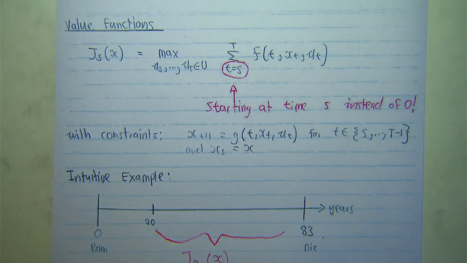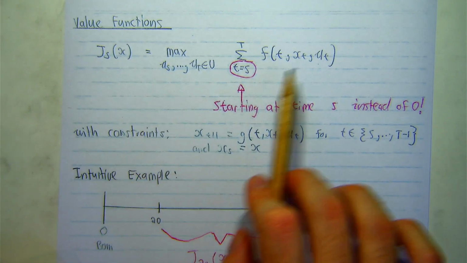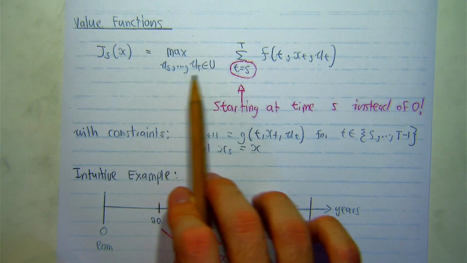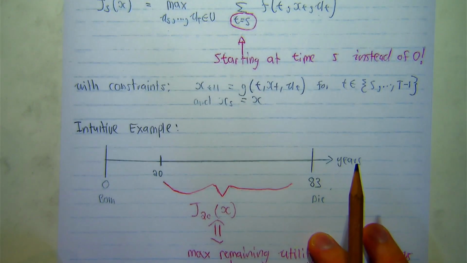So Js of x is equal to the maximum thing here based on our control variables from the point S onwards. Okay, and then our constraints are as usual here.